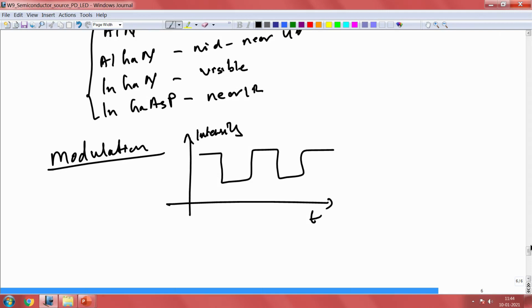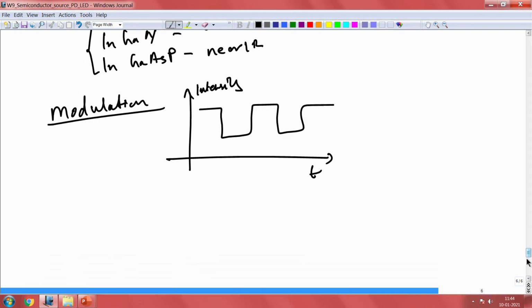So, you want to change the intensity of light that is coming out. All you are trying to look at is that a change in the current should result in a change in the output intensity, which is something that you can easily do because of our LED characteristics.